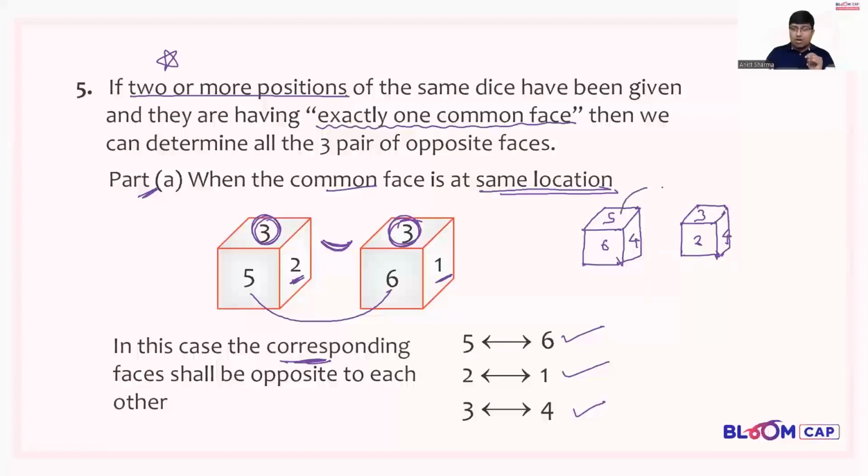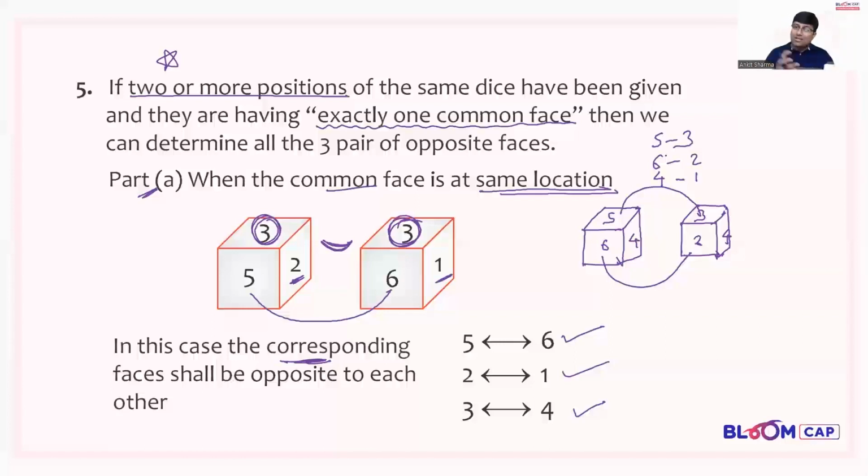So in that case, opposite of top will be top, opposite of 5 is 3, opposite of front will be front, opposite of 6 will be 2. And now what is left out to be opposite for 4? Only 1. So this will be the way in which things will go. I hope it is very clear. But we can do this so easily only when the common face is at same location.